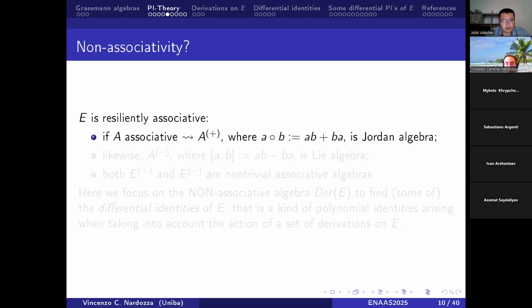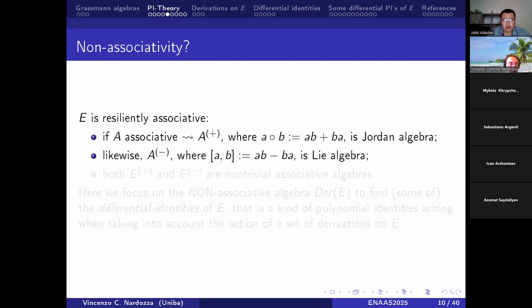Both of them work by replacing the multiplication in A by a different multiplication. One is to change the multiplication in A and consider the Jordan product. One gets an algebra A plus, which is a Jordan algebra. In a different way, but in the same spirit, one can replace the multiplication in A by the Lie bracket product, using commutators. This produces a Lie algebra.